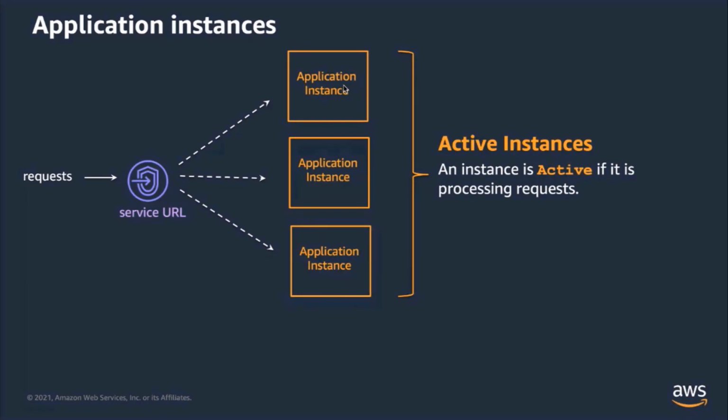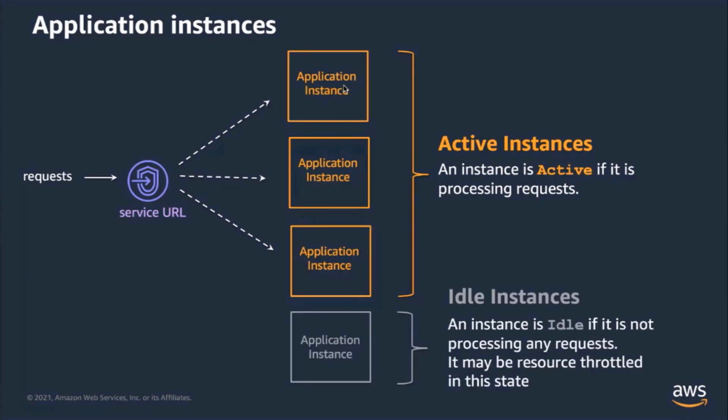And as we scale your application up and down, there may be certain scenarios where we preemptively spin up an application instance, and it may not yet be processing any requests. We may not be directing any requests actively to that instance. In that case, it's an idle instance.